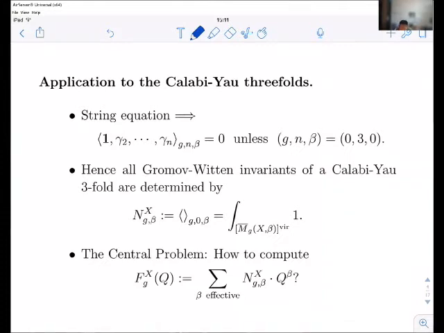This means that all Gromov-Witten invariants of a Calabi-Yau threefold are determined by this special case, where we have no insertion and we just consider the integration over 1. To recover all the Gromov-Witten invariants, we also need an equation called the divisor equation. So for the Calabi-Yau threefold case, all the information of the Gromov-Witten invariants is just these numbers N_{g,beta}.